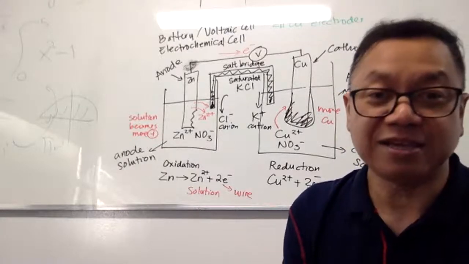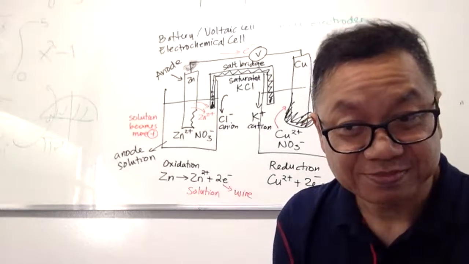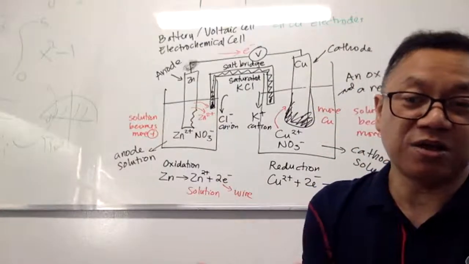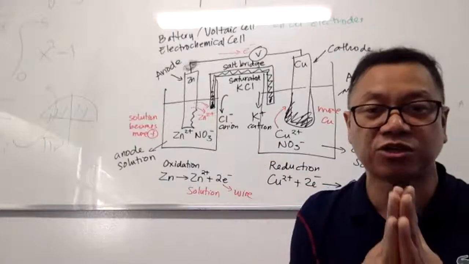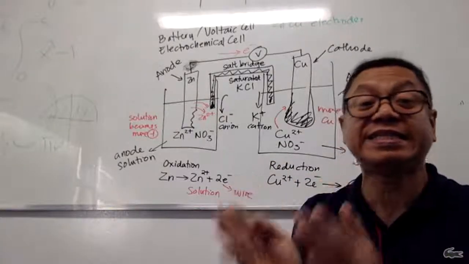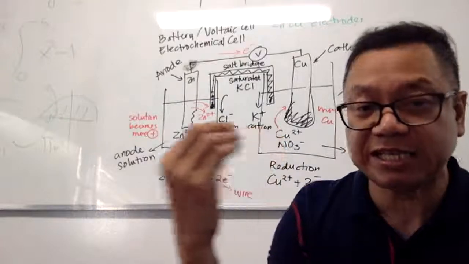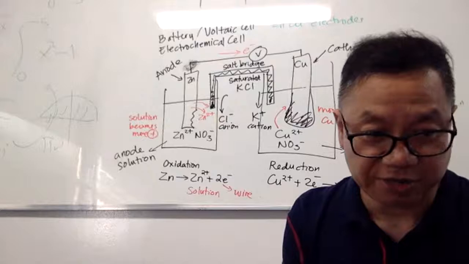Why did the zinc lose electrons and not the copper? See, I already talked. I simply told you that the zinc will oxidize. Redox reactions have different tendencies to give up electrons. Some can easily give up electrons very clearly. Some will be more difficult.